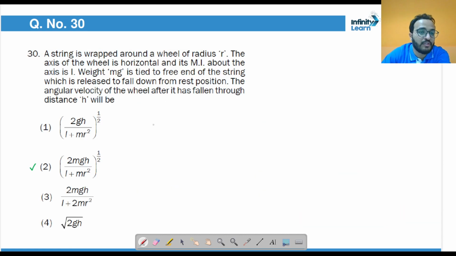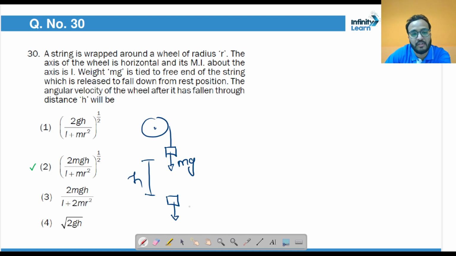30. A string is wrapped. Okay, so this is mg. They are saying if it comes down by a height of h, let's say when it comes down by height h, its velocity is v, and this is rotating with omega. So the loss in potential energy is mgh.